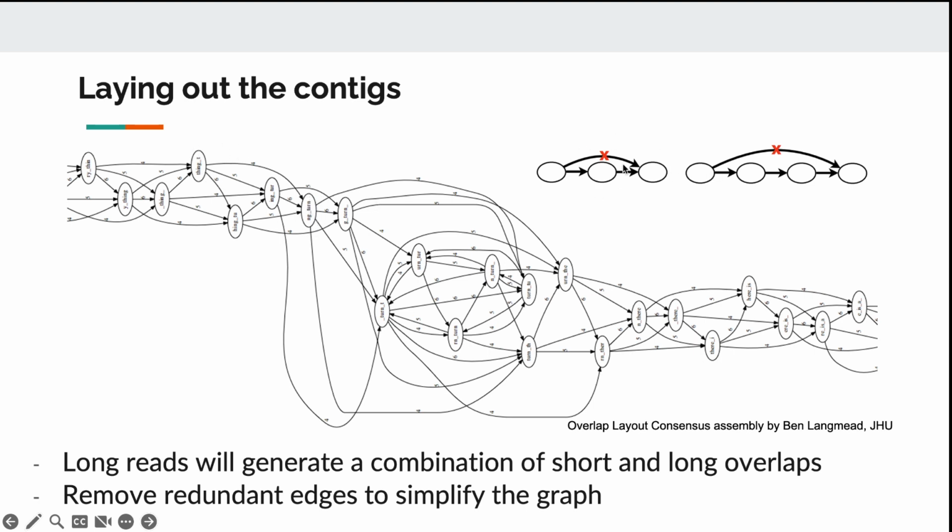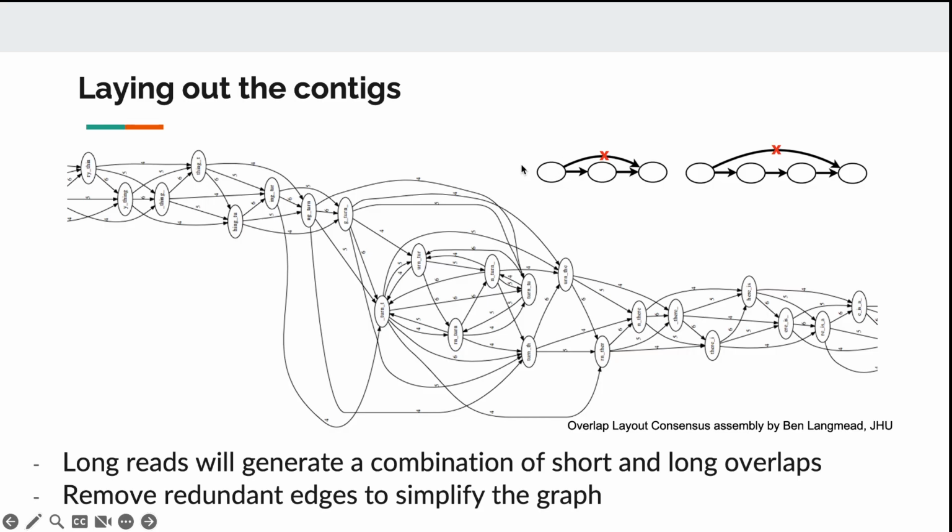For example, consider the example that I put here on the top right: you have 3 reads that overlap with each other. And the first and the third read also overlap, because they are long enough that the overlap can contain the second read.